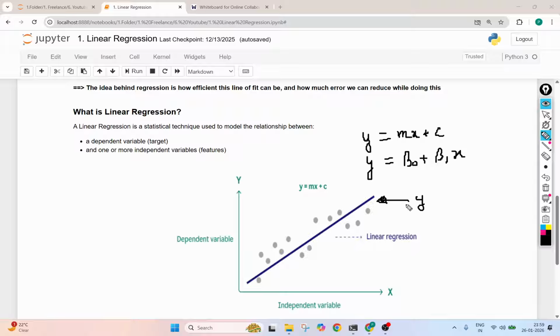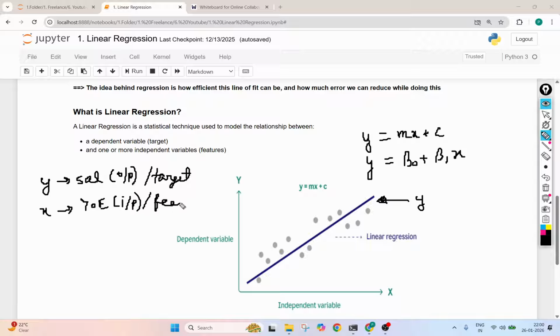Now what is x? X is nothing but the independent variable or variables. In our case, we are choosing only one independent variable, which is the years of experience. So y here becomes our salary, that is the output or the target. X here is the years of experience, which is our input or the feature.